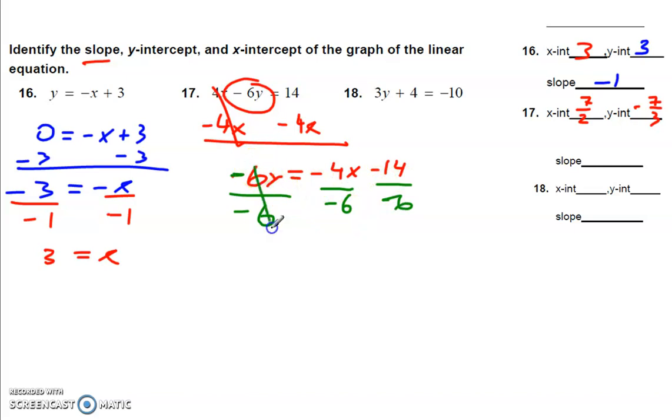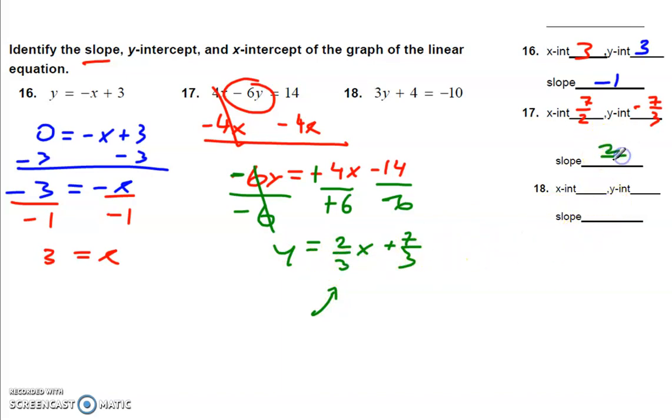This cancels out, y is equal to negative 4 over negative 6. Negative divided by negative is positive. 4 over 6 simplifies to 2/3 x, and then minus minus would be plus. Again, this would be 7 over 3. But we wanted to know the slope, and so we have 2 over 3, and 2/3.